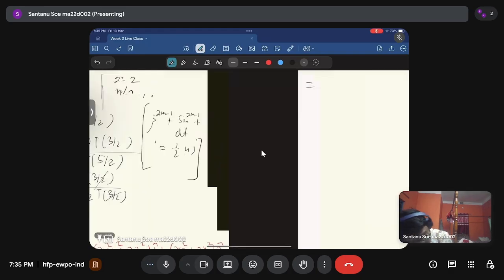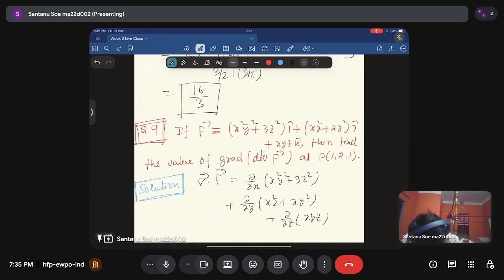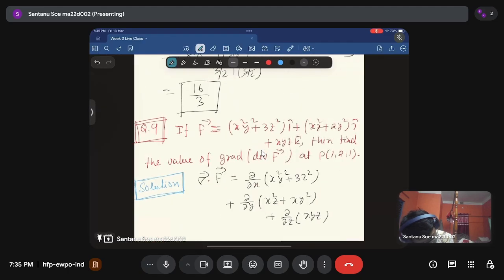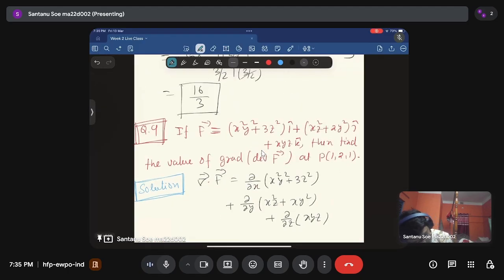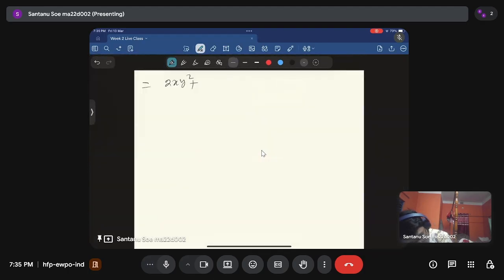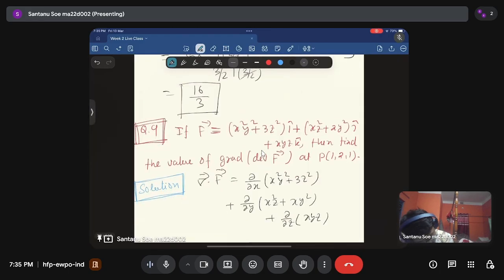So this is going to be 2xy square plus x plus xy 2xy plus xy.